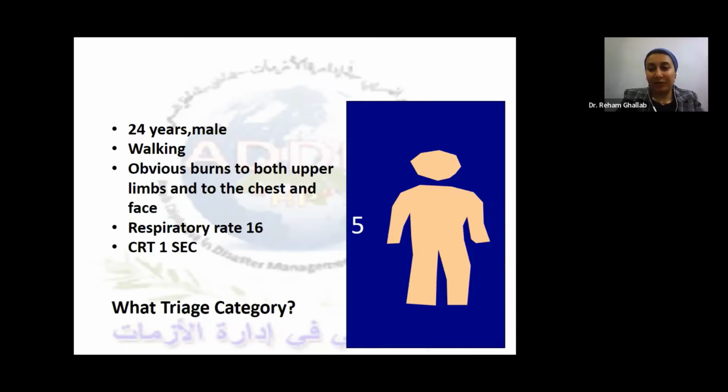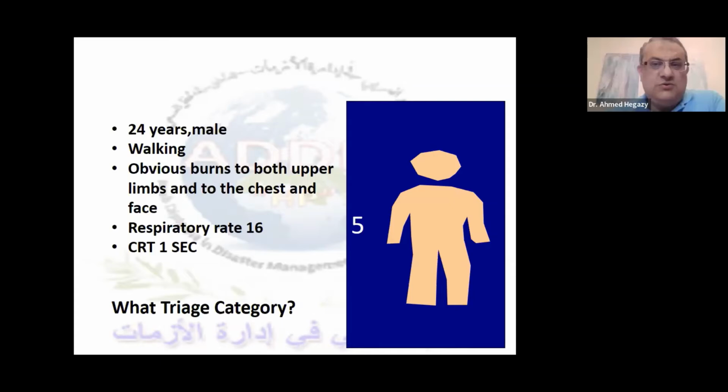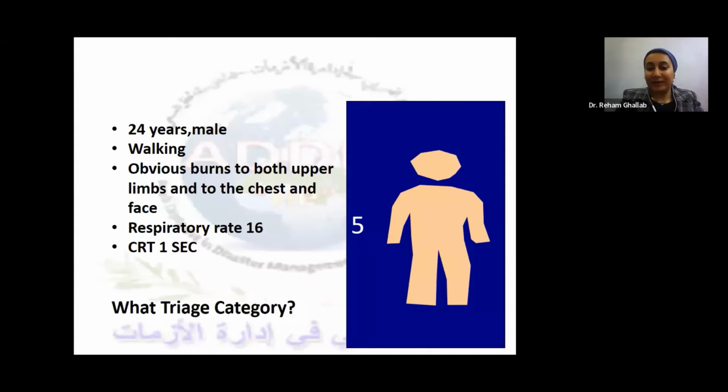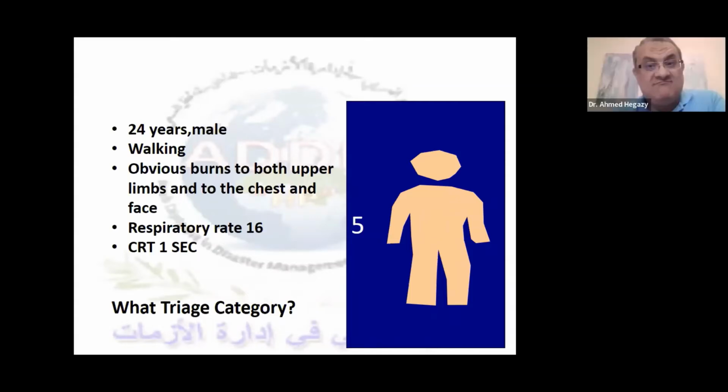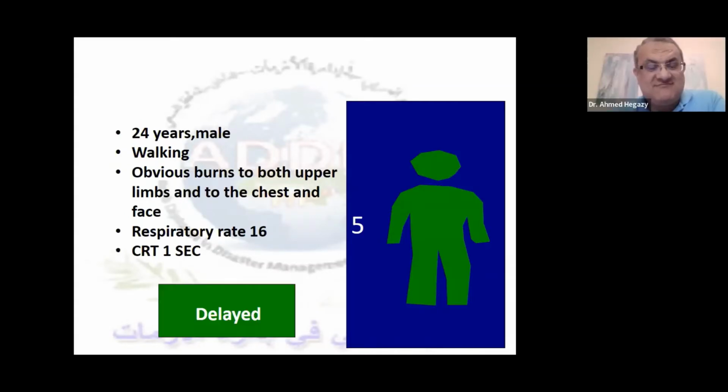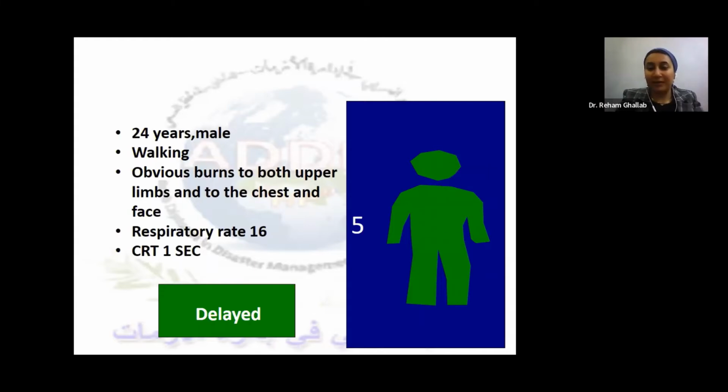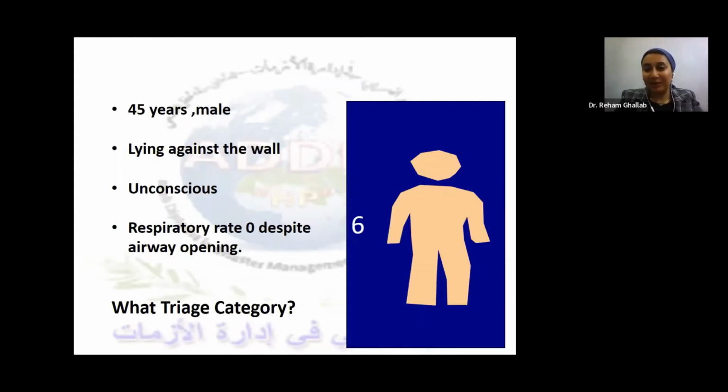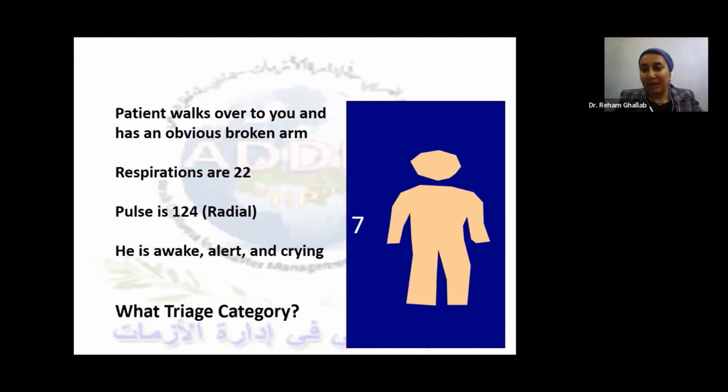Dr. Mona, please unmute. You have raised your hand, but you are muted. What do you think the priority of this case is? I think the priority is green, so the patient is walking. Yes.